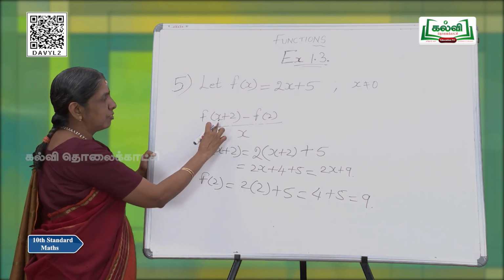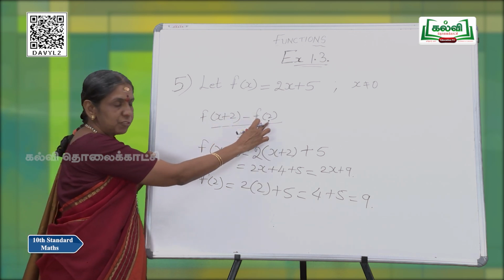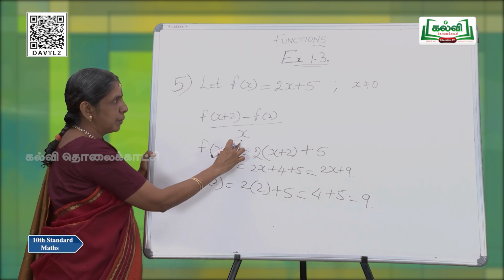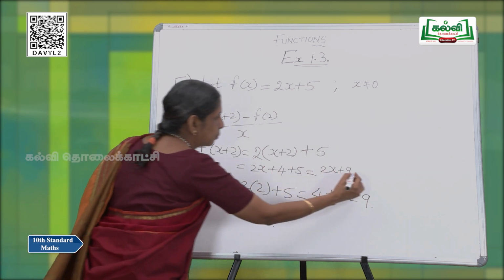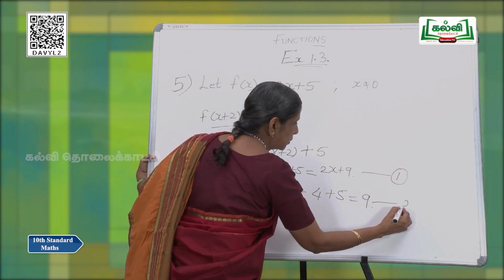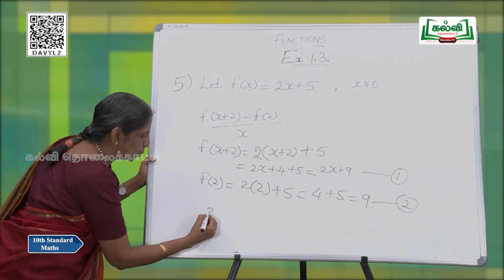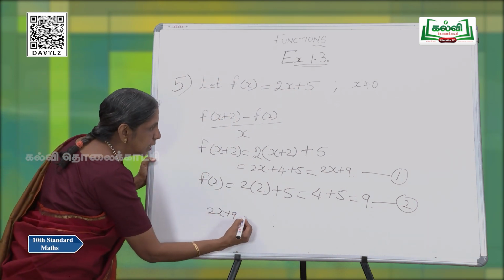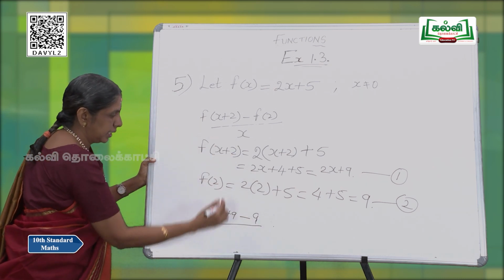So, now in the third step, we have to find f of x plus 2 minus f of 2 divided by x. This is step 1. Let me call it as step 1. This is step 2, and step 3, the final step, is 2x plus 9 minus 9 divided by x.